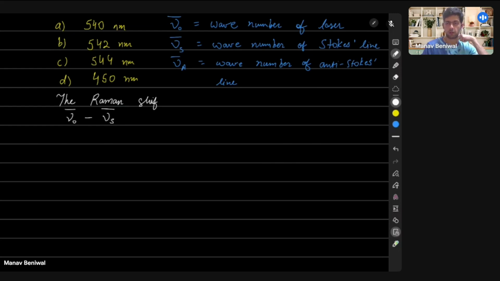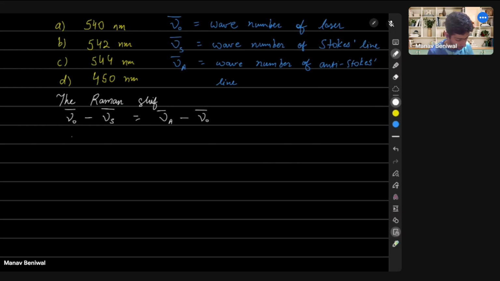The wave number of the laser minus the wave number of the first Stokes line will be equal to the wave number of the anti-Stokes line minus the original wave number of the laser.